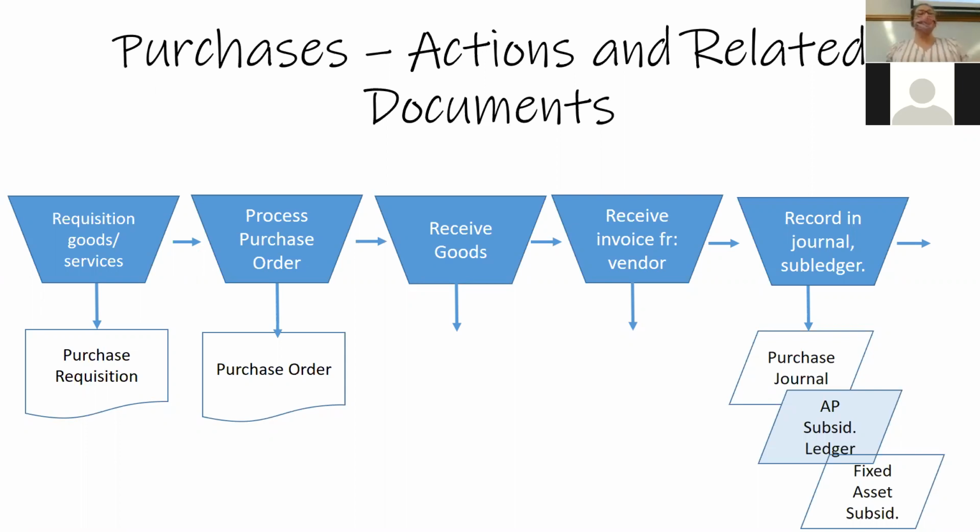The purchase order is the actual authority to buy the goods, and that's what's generated by the purchasing department. The receipt of goods, the document that establishes that that took place, is the receiving report.